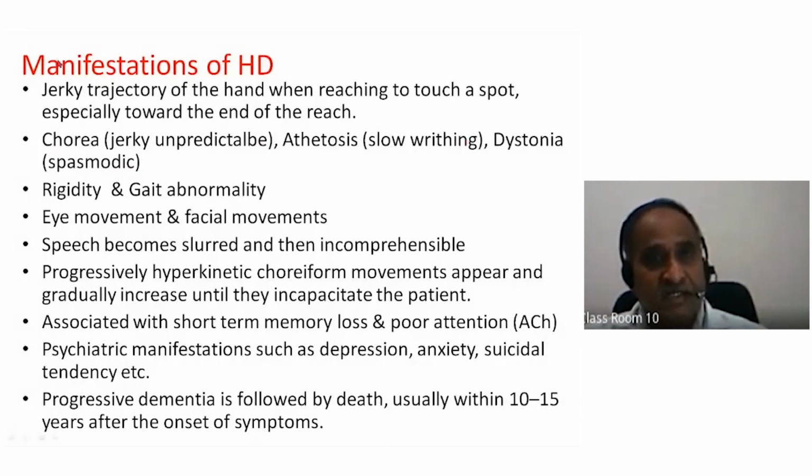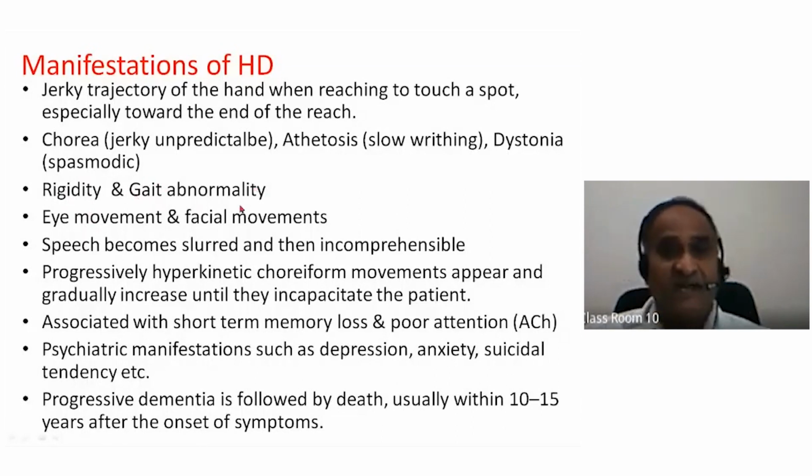In addition, Huntington disease manifests as rigidity, and because of the rigidity, there is a gait abnormality. The person walking suddenly throws himself and throws his limbs, and he may fall down, or he may not have the proper normal gait of an individual.